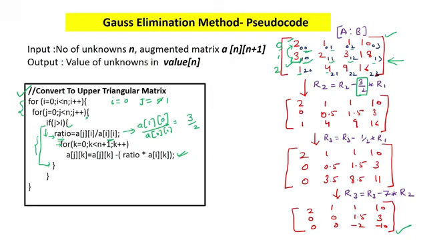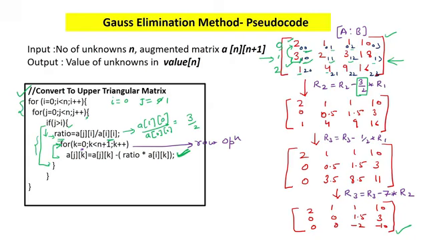Now what we are doing, we are taking this ratio and we are going inside this for loop, and we are repeatedly applying this thing on all these elements of this particular row. That means this particular k loop is actually applying the row operations. And here if you see, k is starting always from 0, and how many times is this k loop running? It is actually running n plus 1 times.